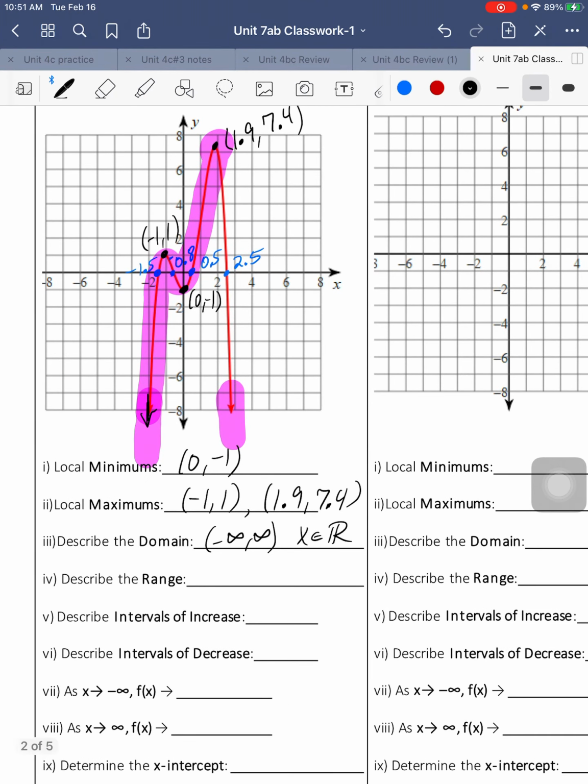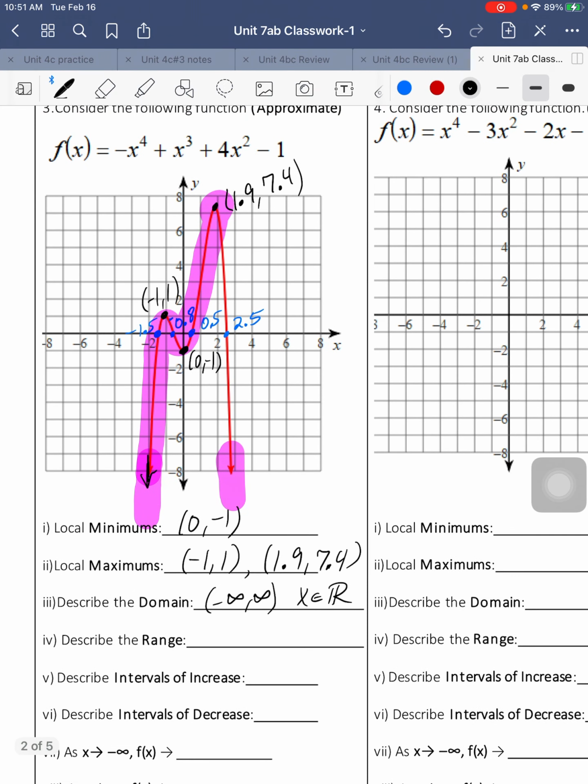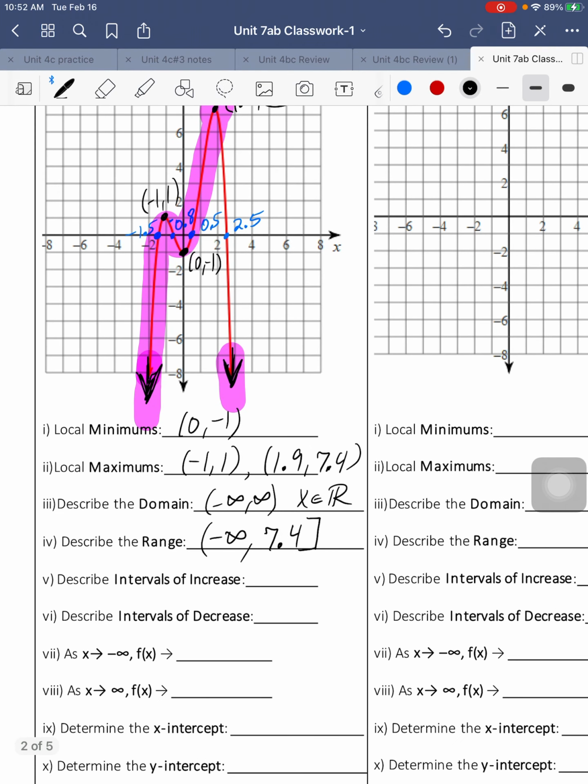My bad. But the range is also going to be up to that maximum, the highest point of the graph that it'll ever reach. So the range goes from negative infinity, both ends go down to negative infinity. It only takes one, just negative infinity, and the highest point y value is going to be at 7.4. There's an actual point there, so we're going to close it off with a bracket to say it's included.